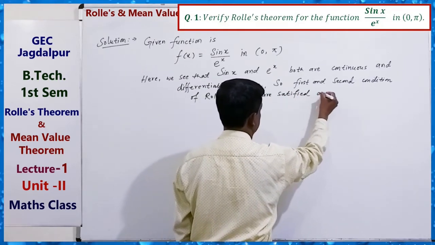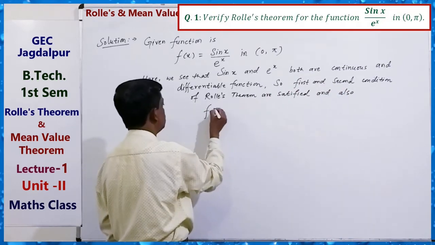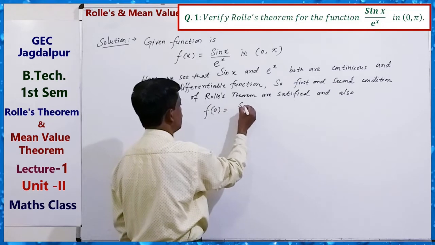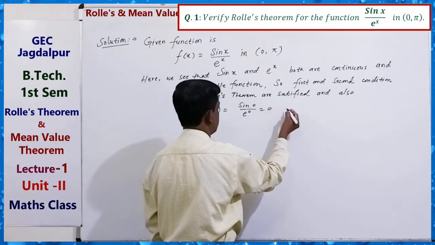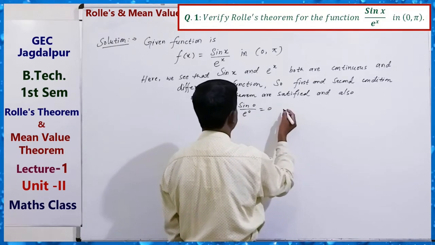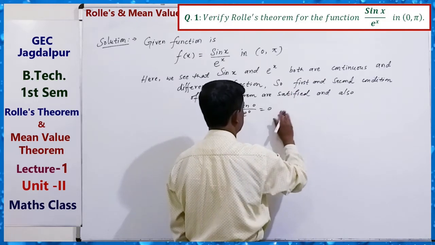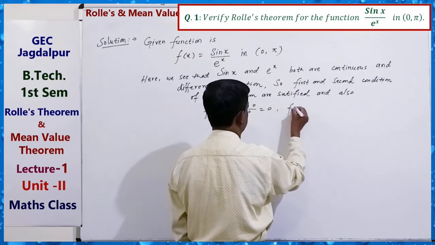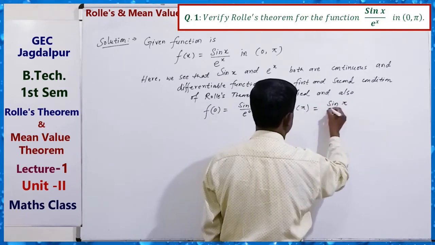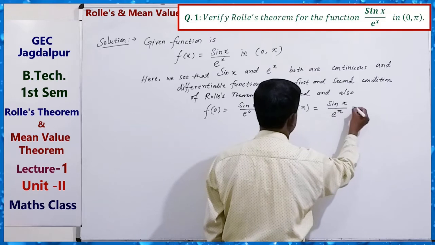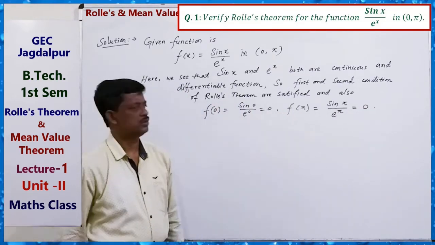Also f(0) equals sin 0 upon e to the power 0 equals 0, and f(pi) equals sin pi upon e to the power pi equals also 0, because sin pi is 0 and sin 0 is 0, so both are 0.